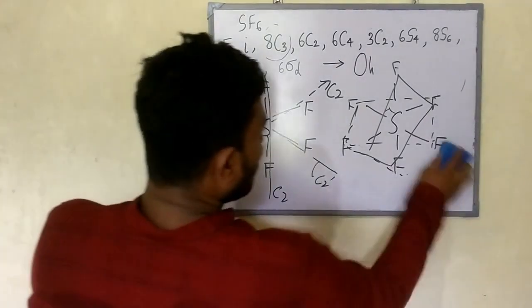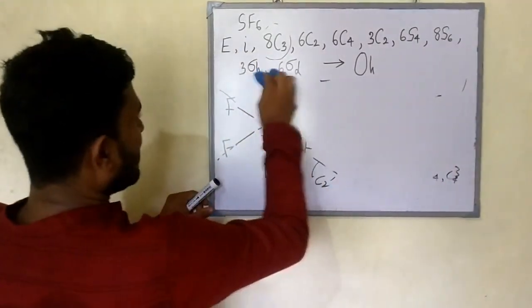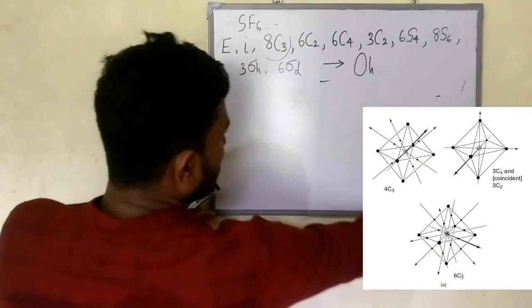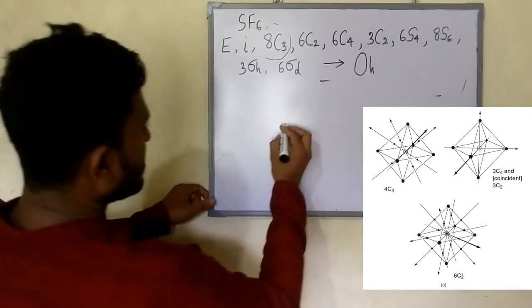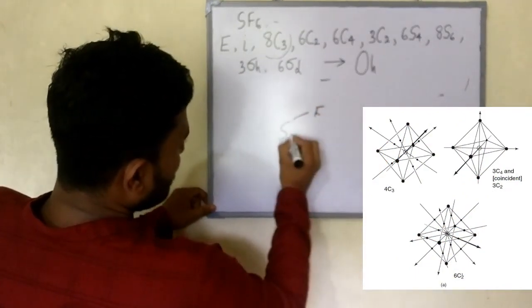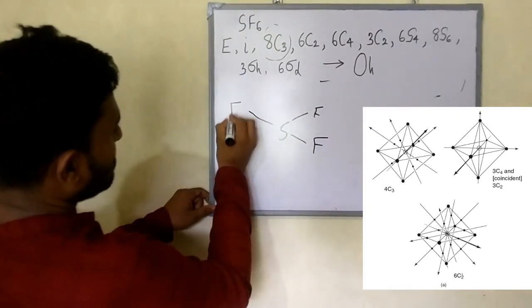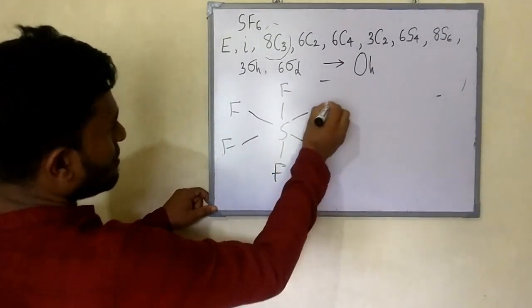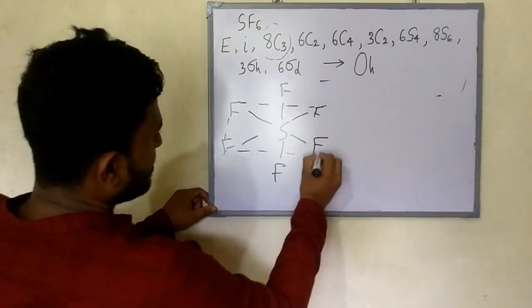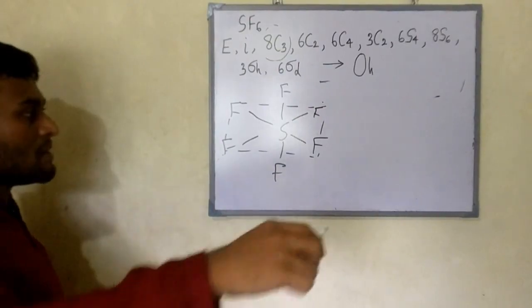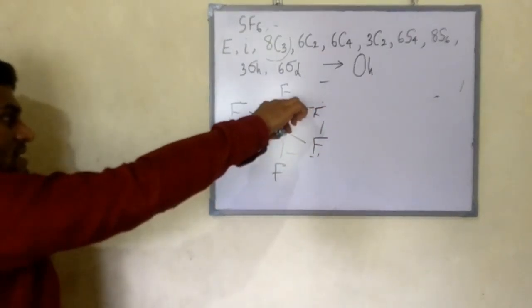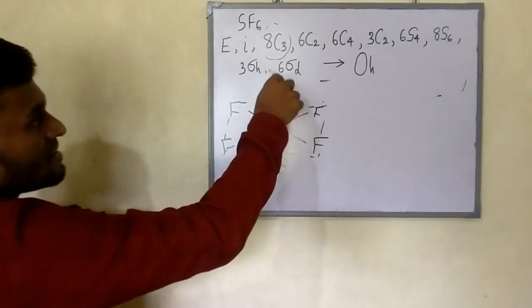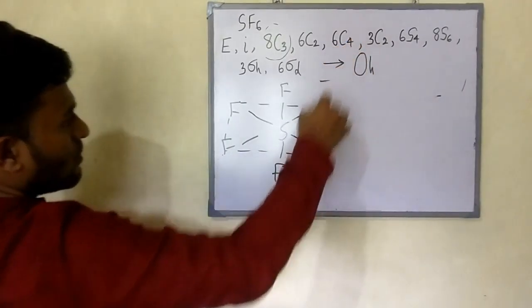Then how the sigma H comes? Similar to PtCl4 molecule, we know these 4 atoms are in the plane. So your principal rotation axis going through this, that is the highest order of rotation, is C4.